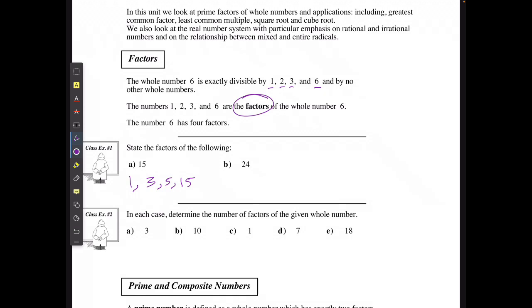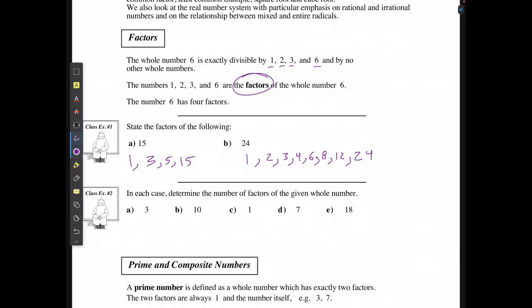If I'm looking at 24, 24 is divisible by 1 and itself. It's divisible by 2 and 12. It's divisible by 3 and 8. And it's divisible by 4 and 6.